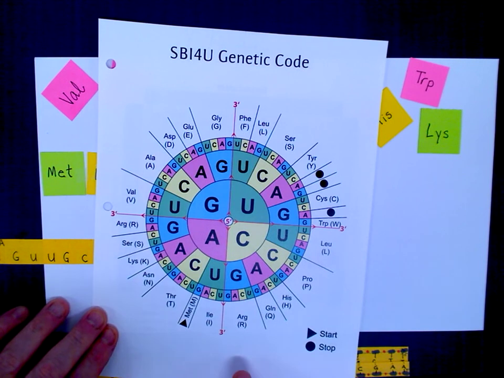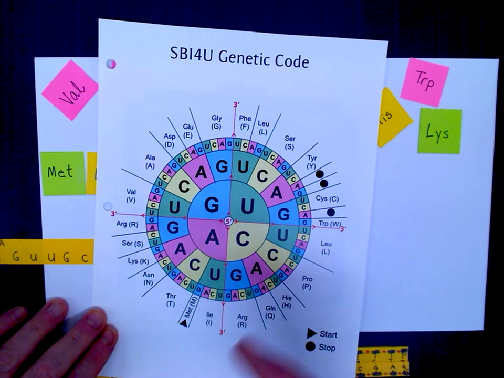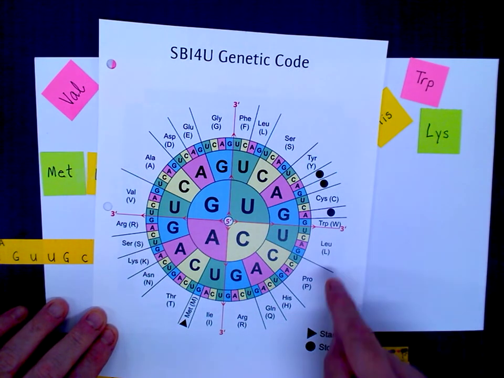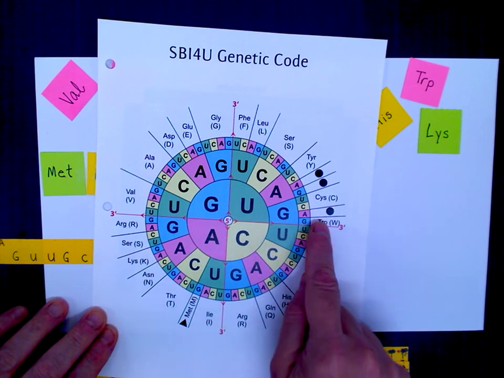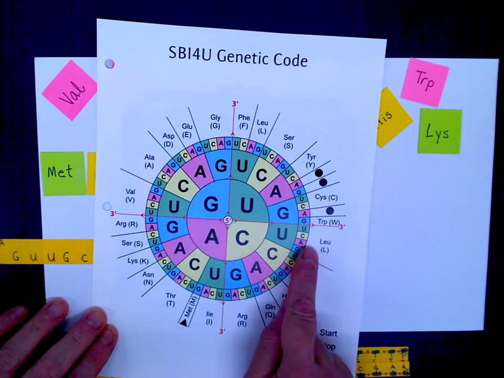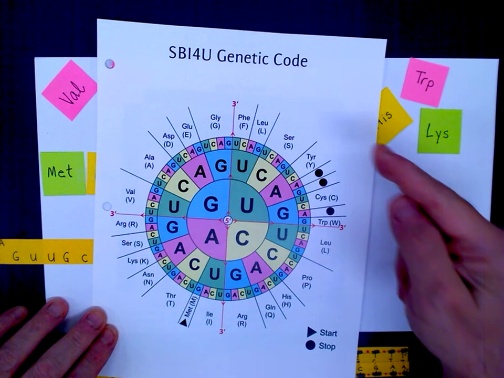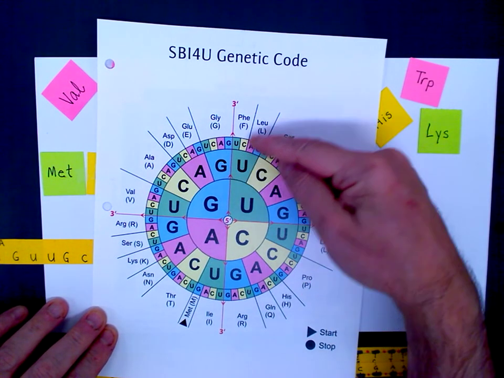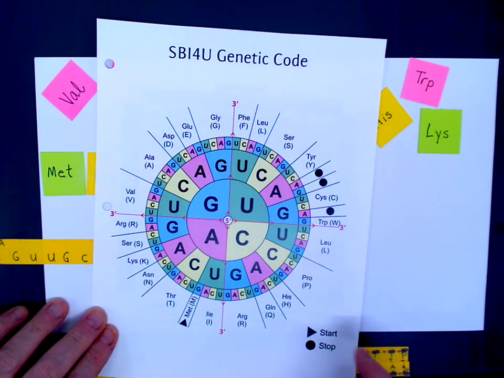At the same time, we can also find some that have very different codes. So for example, leucine: CUU, CUC, CUA, CUG, and then it's up here as well, UUG, UUA. So there are 6 different codons for leucine.